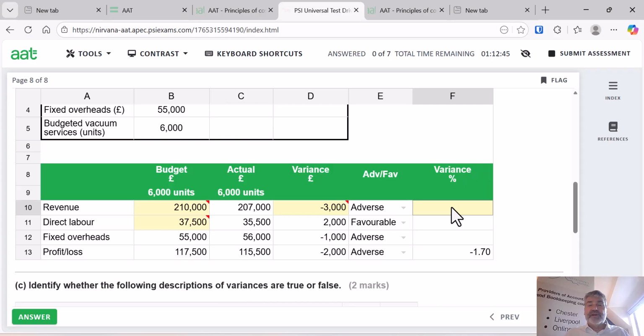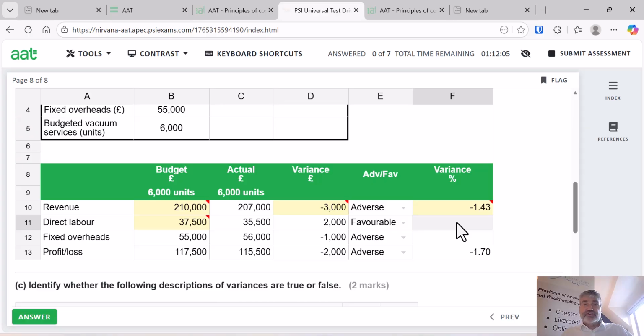I'm going to multiply the answer therefore by 100. So I'm going to put in a simple formula, equals, I'm going to open a bracket because the first thing I want to do is divide the variance into the budget. So I want to divide cell D10 by cell B10. I'm going to close my bracket and then I'm going to multiply the result by 100 and I get minus 1.43%.